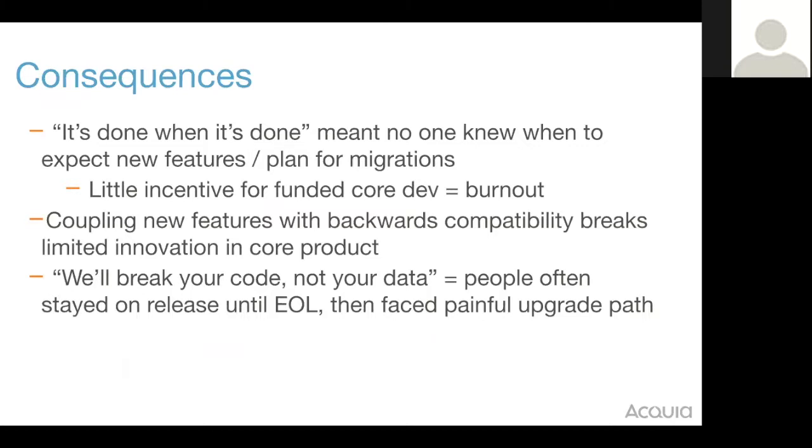End users didn't know when to expect new features or how to plan for migrations. There's also little incentive because of that to fund any core developers, which led to a lot of burnouts. We would almost churn three-quarters of the core development team every release. When we couple awesome new features with backwards compatibility breaks, you're very limited in what innovation you can do.